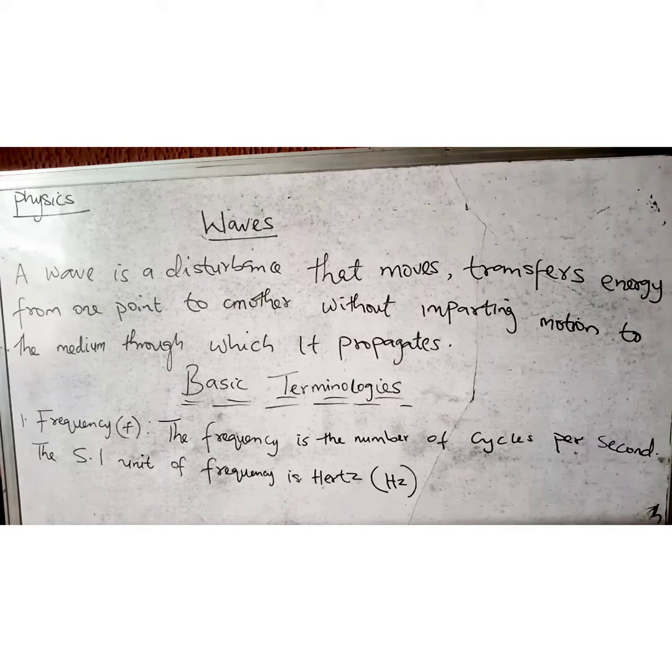According to the definition, it means the number of complete oscillations in 1 second. For example, if in 1 second the complete oscillation is 3, that means the frequency of that cycle is 3.